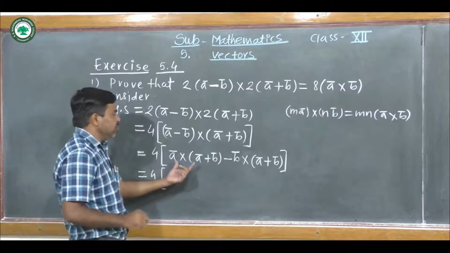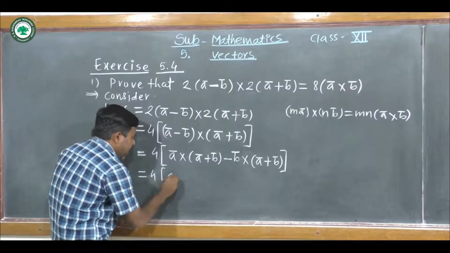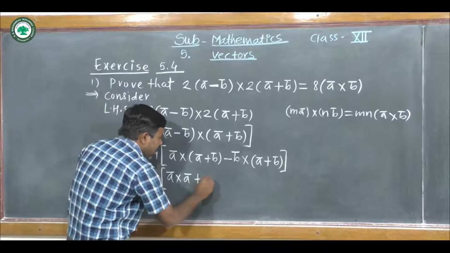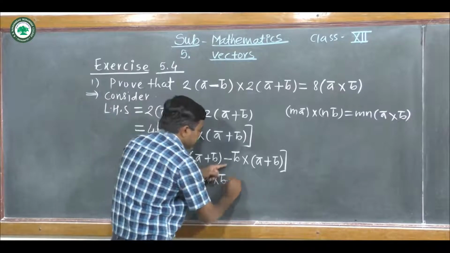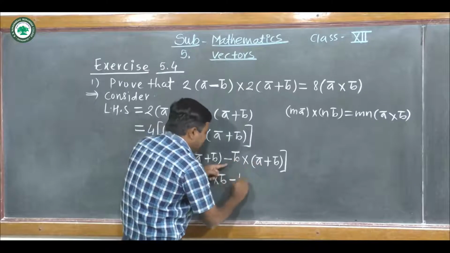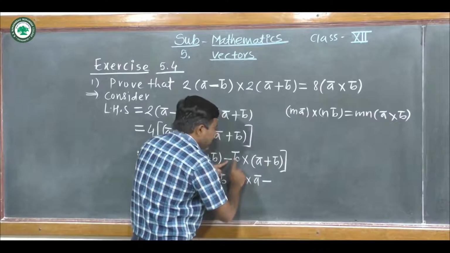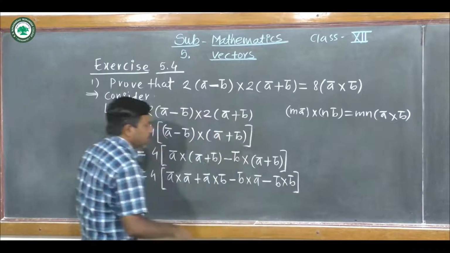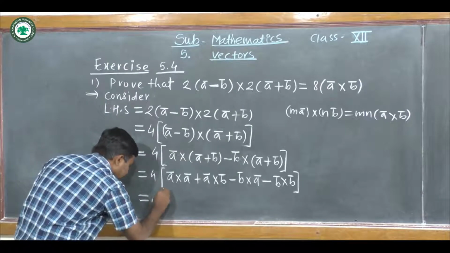Now by left distributive property, first distribute the first term, that is a bar cross a bar plus a bar cross b bar, minus b bar cross a bar, minus b bar cross b bar. So again it is equal to 4 in bracket.